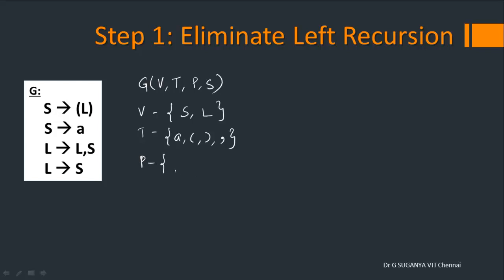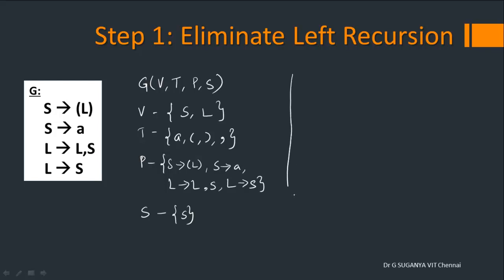And we have productions: S gives within bracket L, S gives a, L gives L comma S, and L gives S. Those are the productions. What is the start symbol? Unless otherwise specified, the leftmost symbol on the first production, which is S, will be the start symbol.